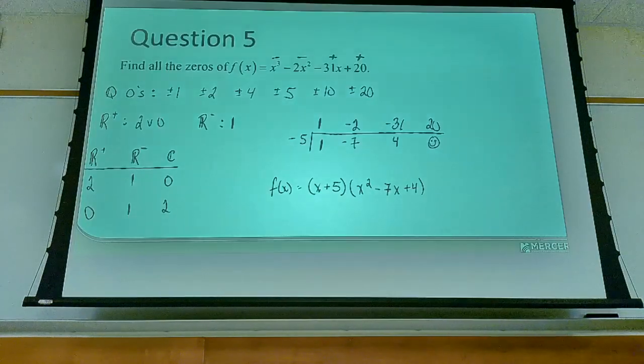Negative b plus or minus the square root of b squared minus 4 times a times c. 4 times 1 times 4 is 16. All over 2 times 1. 49 minus 16.